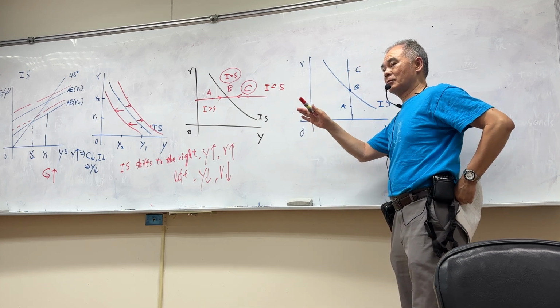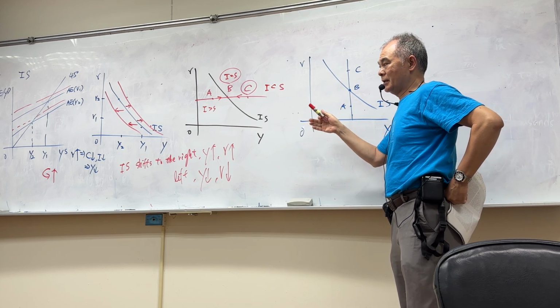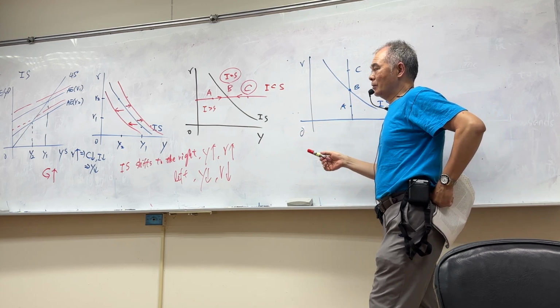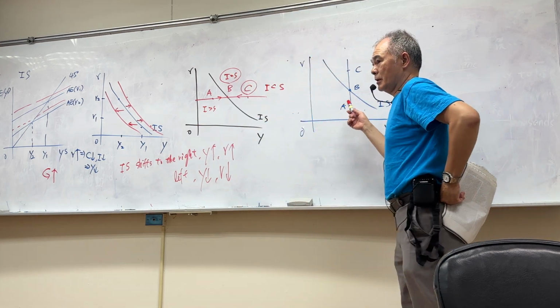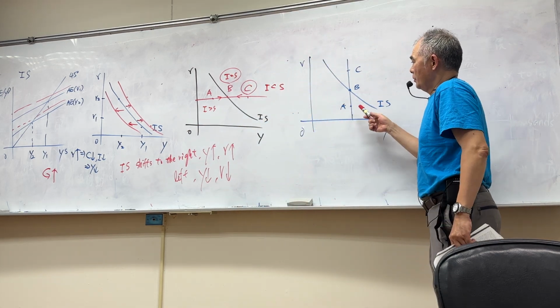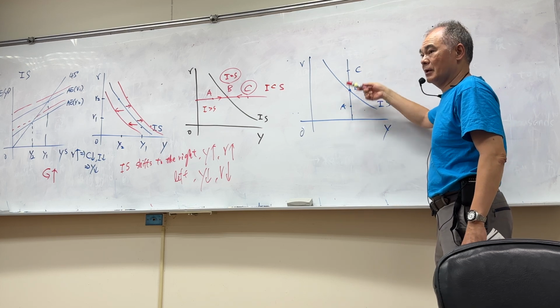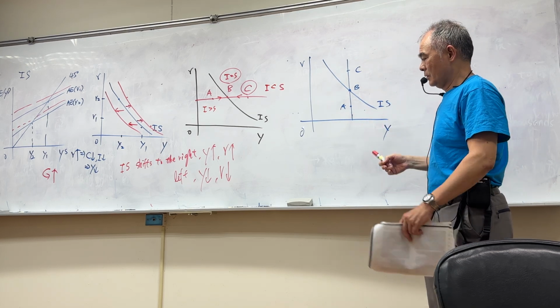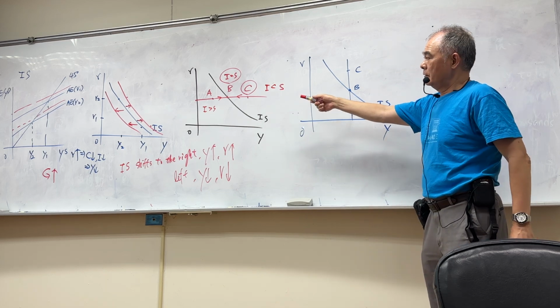This curve will shift to the right or to the left, and then you look at the impact on the economy, now in terms of interest rate R. Again, let's look here. You have the same income level.